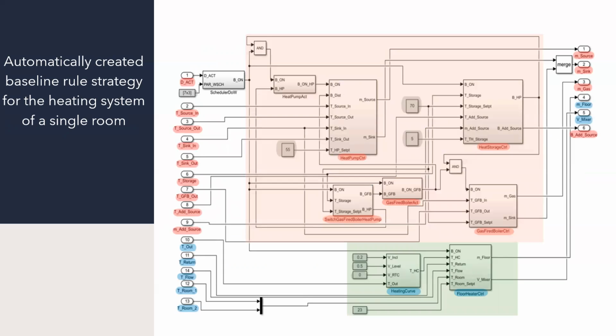This is the automatically created baseline control strategy for the heating system for a single room. The topology map, as you can see in the picture: the inputs and the outputs of the provisioning components are derived and matched with the component names on the topology map in order to reflect the hydraulic connection.